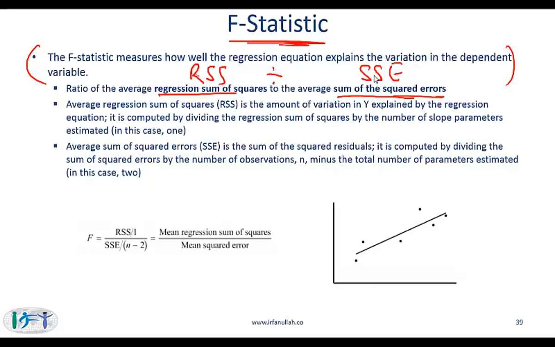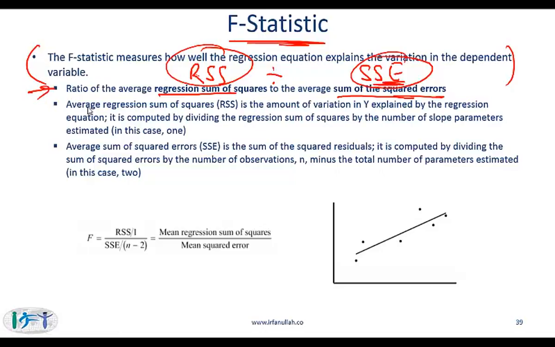What I want you to do here is initially be like a kid who just uses the phone without knowing how the phone works. In fact, even we do that, right? Sometimes we use stuff without understanding it. So let us first learn how to use it, and slowly, while we will not become experts at this, we'll learn enough to be able to answer questions. Have you remembered this fact? Then the next question is, what are these guys? What is RSS and what is the SSE?